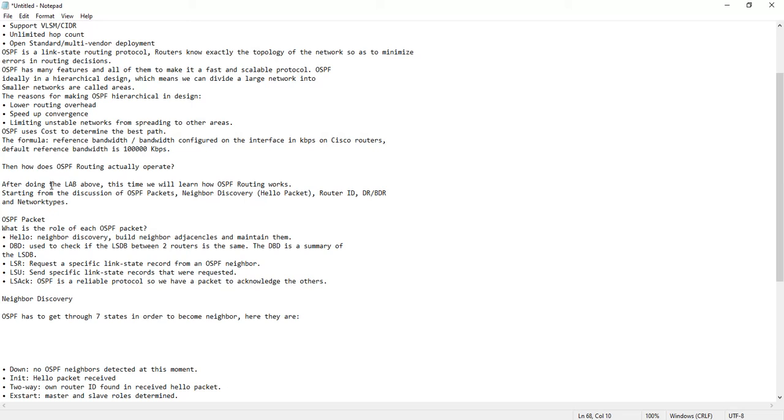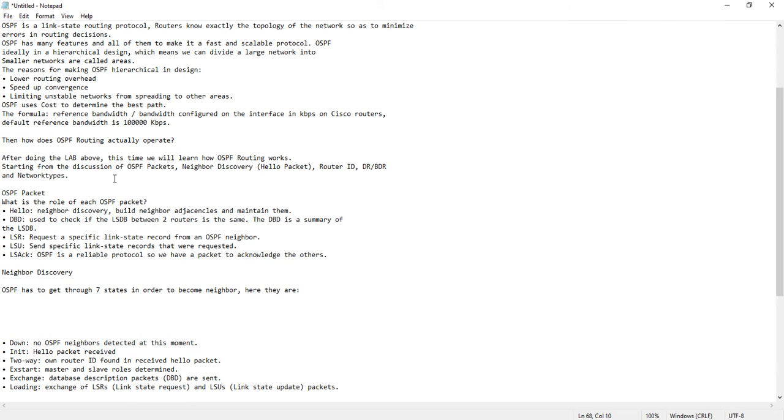After doing the lab above, this time we will learn how OSPF routing works, starting from the discussion of OSPF packets, neighbor discovery, hello packet, router ID, and DR and network types.